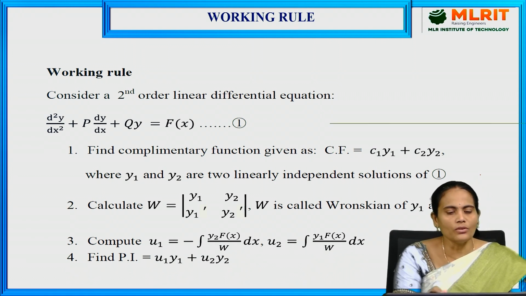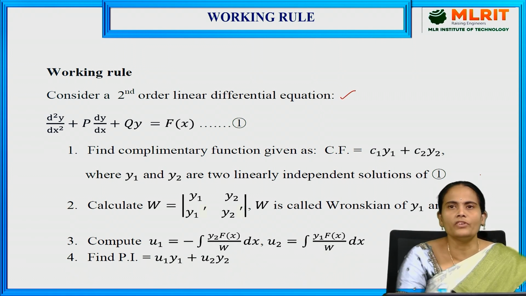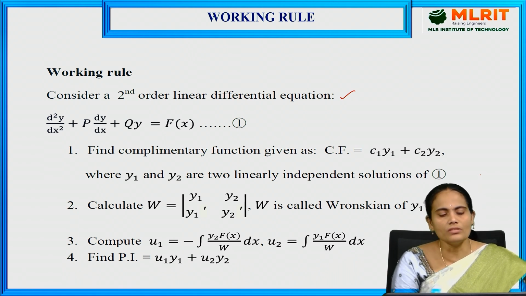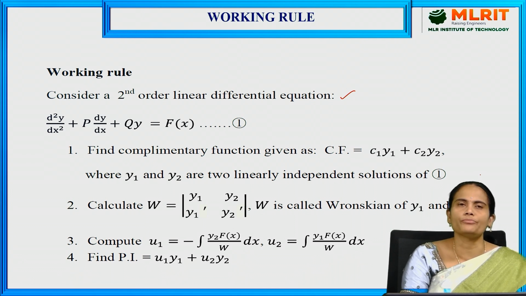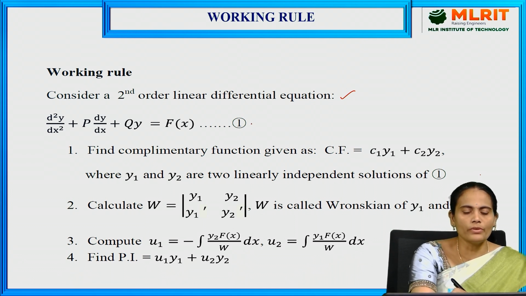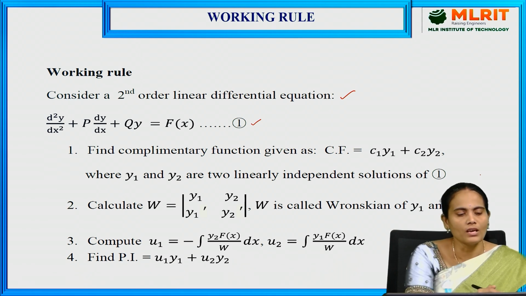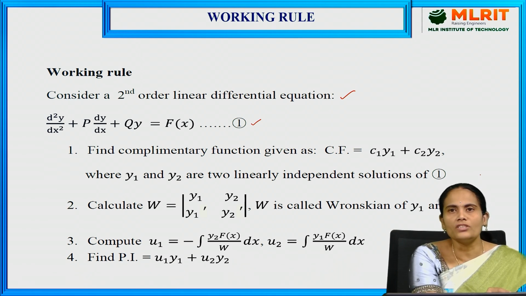So the working rule is, step 1. Step 1 is: for what type of differential equations are we going to use the method of variation of parameters? The differential equations of the type: second order differential equations with constant coefficients. What is the second order differential equation?